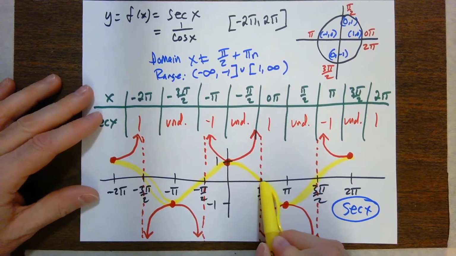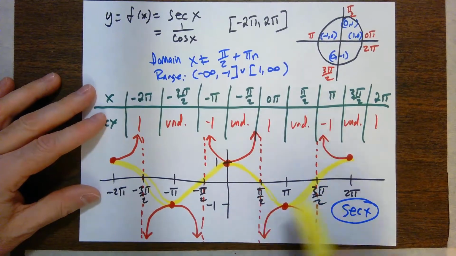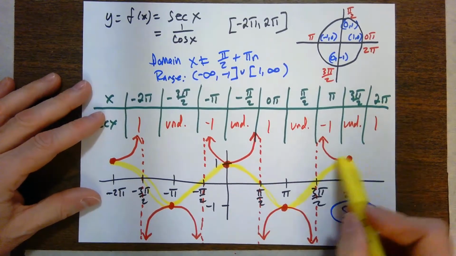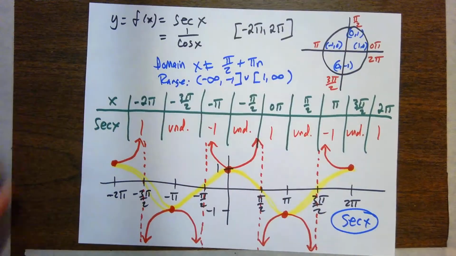Wherever cosine is 0, 1 over 0, secant is undefined. But then take a look at how they connect and the connections between them.